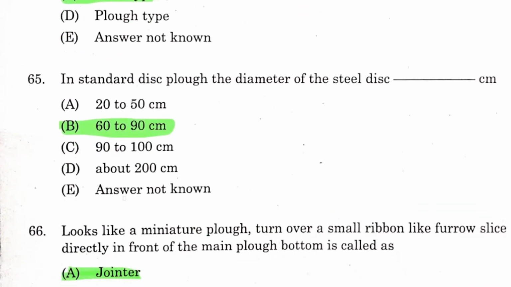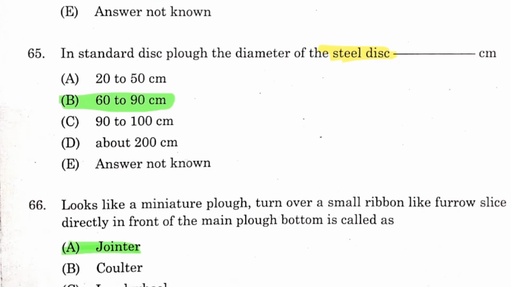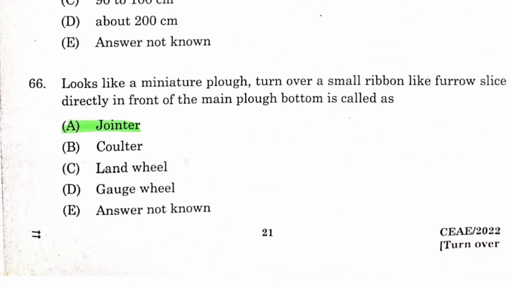Next, standard disc plow, the diameter of the steel disc. So here the diameter of the steel disc is 60 to 90 centimeter. Next question is 66. It looks like a miniature plow and turns over a small ribbon-like furrow slice directly in front of the main plow bottom.